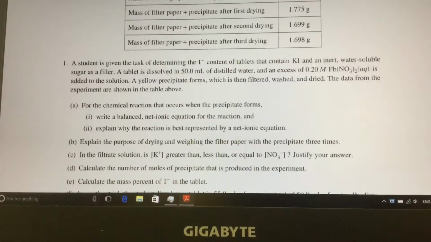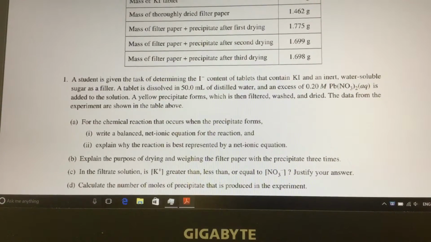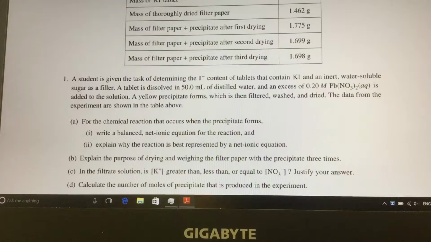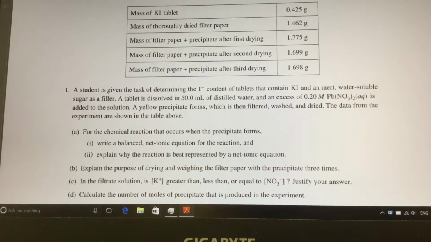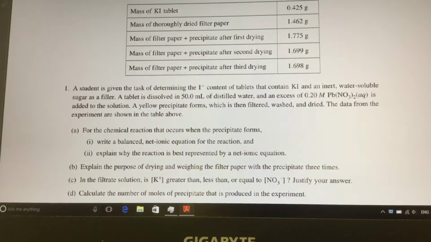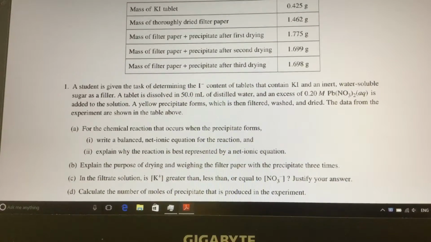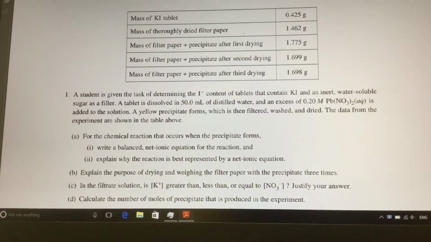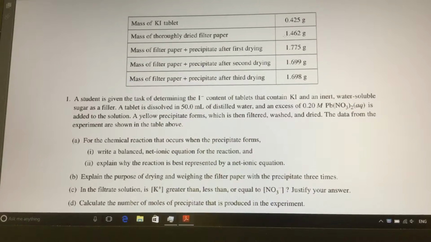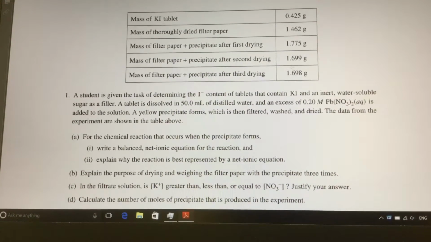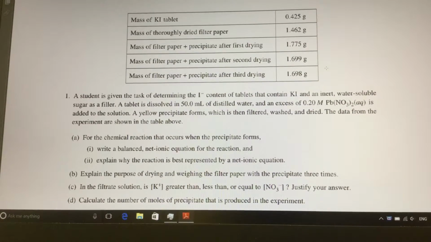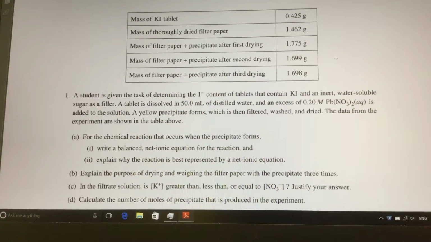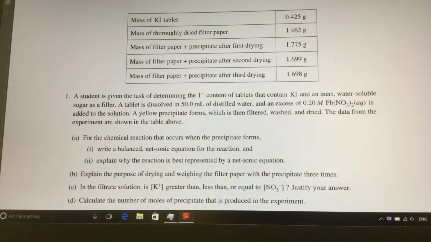So first off, we use the mass of filter paper and precipitate after the third drying, which is 1.698, and we subtract the mass of dried filter paper, which is 1.426, and we get the mass of the precipitate.